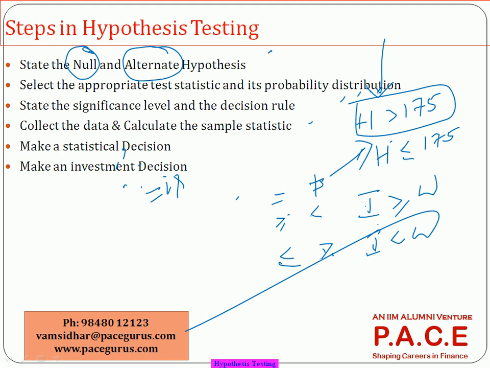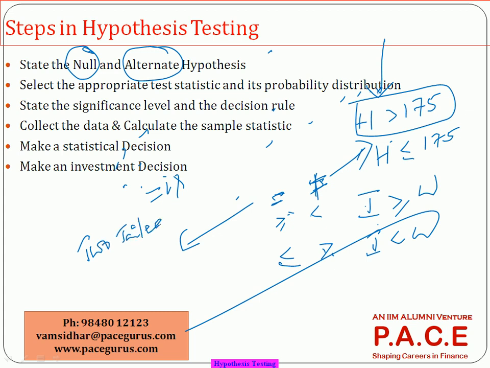And to make things even simpler, if I am talking of equal to, the alternate is not equal to, which could be less than, greater than. I am talking about both the sides of my data. So whenever my null is equal to, the test which we will perform, we'll call it a two-tailed test.